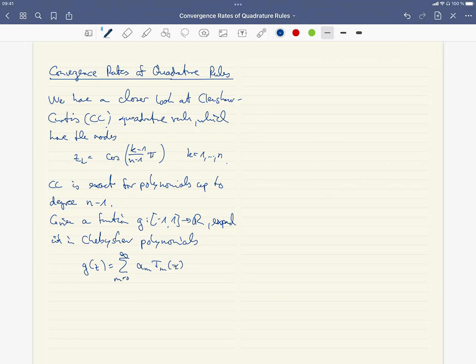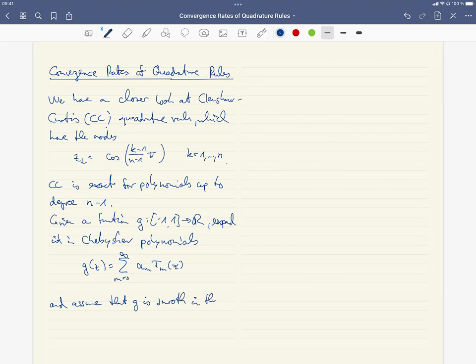So T_m are the Chebyshev polynomials, a_m are the expansion coefficients, and we use that these expansion coefficients have a certain decay rate, which follows from our notion of smoothness.